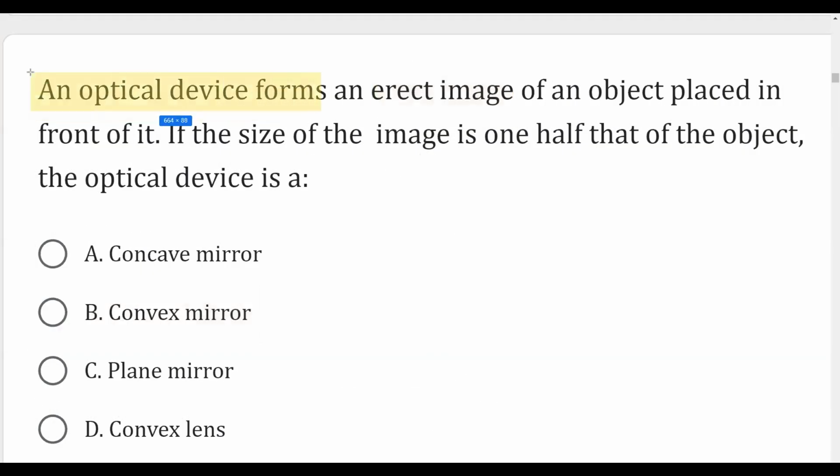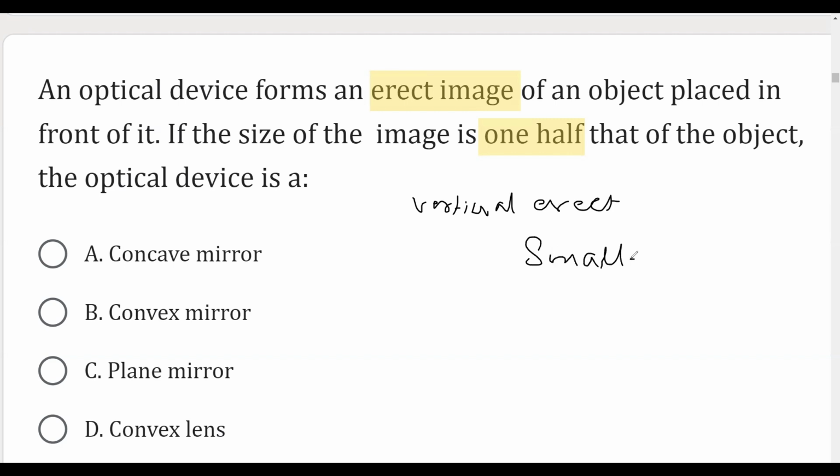It says an optical device forms an erect image of an object. So the image is erect here, and the object is placed in front of it. If the size of the image is 1/2, that means we have an image which is virtual, erect, and smaller in size, or you can say diminished.